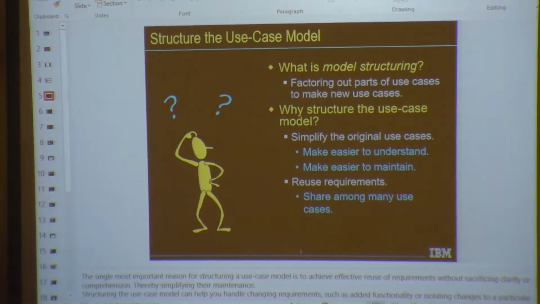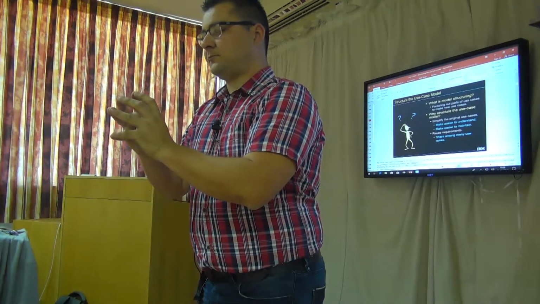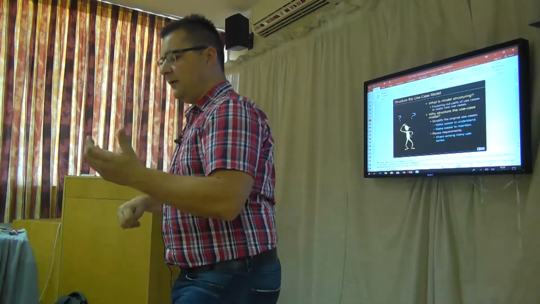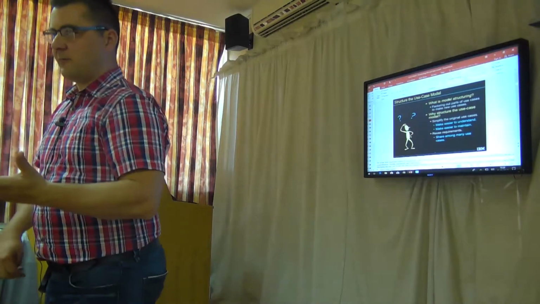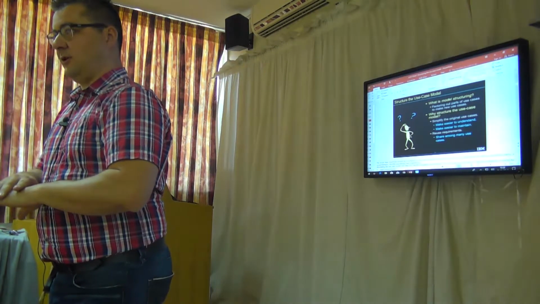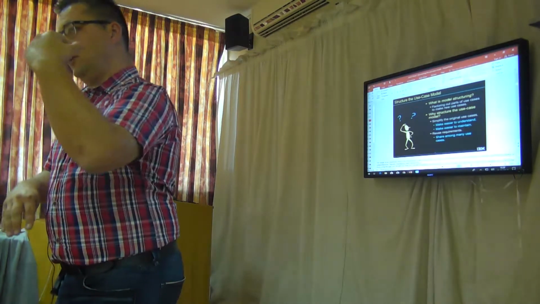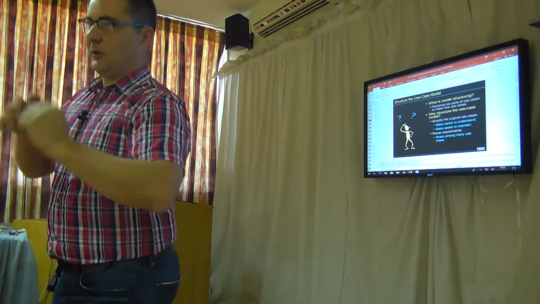You factor out that behavior and adjust the scope of some of your use cases so that it's appropriate to the use case. For example, if we had done that use case on withdrawing funds at an ATM, and you start to write the specification, you could have said that when you withdraw money, it is going to send you an SMS, it's going to print a slip, all of that.